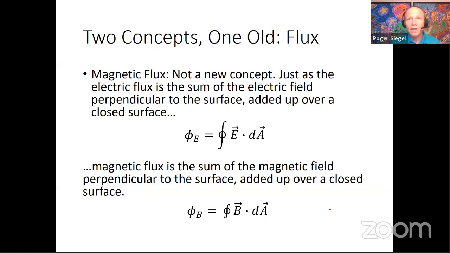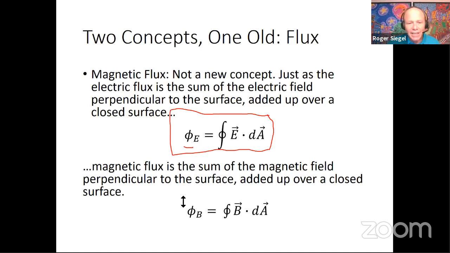And so electric flux is just the electric field that is perpendicular to the surface of a solid dotted with that area. And so this is what we learned earlier in the year. The flux, and this is our phi sub E, electrostatic, is equal to the closed surface integral of E dot dA, all right? Now, magnetic flux is basically the same thing.